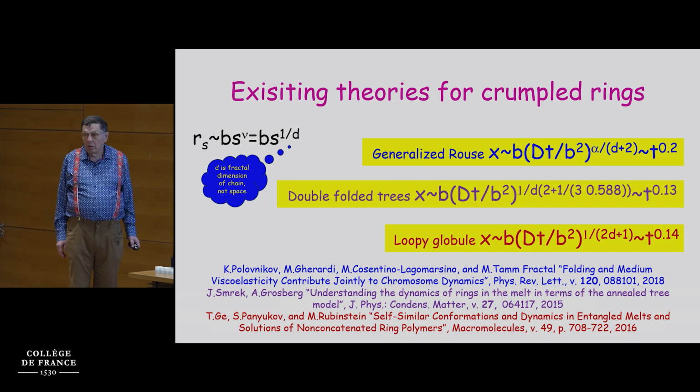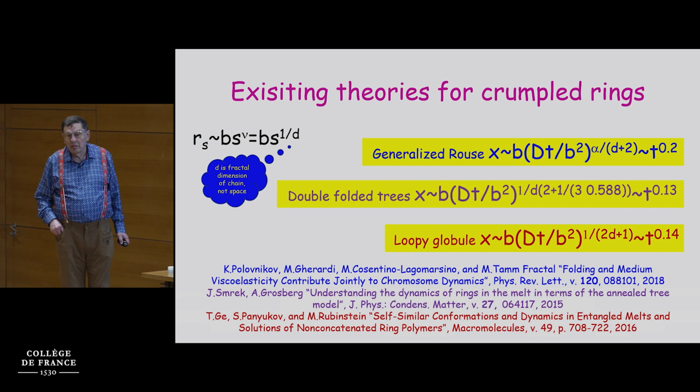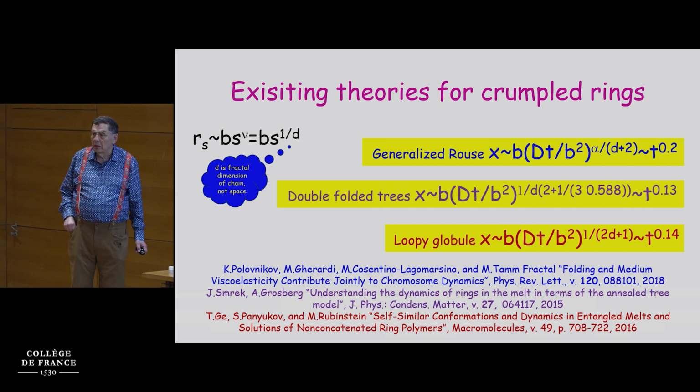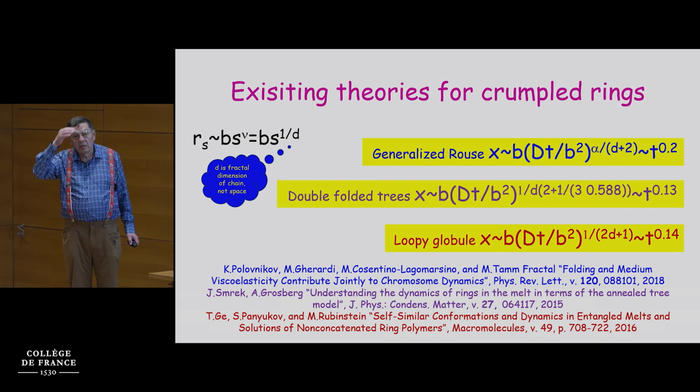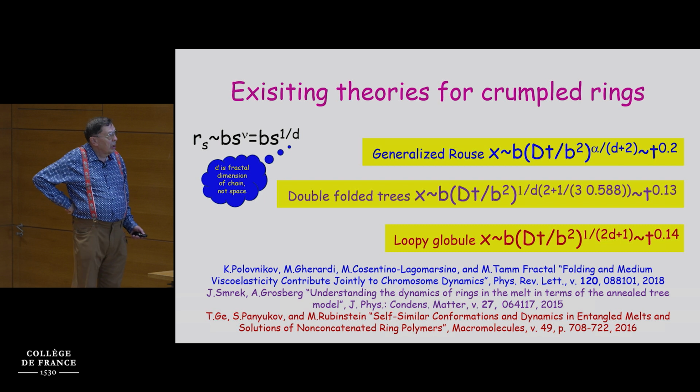Of course, I told you about all these other models for rings. And you can ask me: if you take the idea of rings seriously, if you assume that chromosome territories are similar to territories in a concentrated system of rings, can you compute the subdiffusion for rings? Yes, we can.